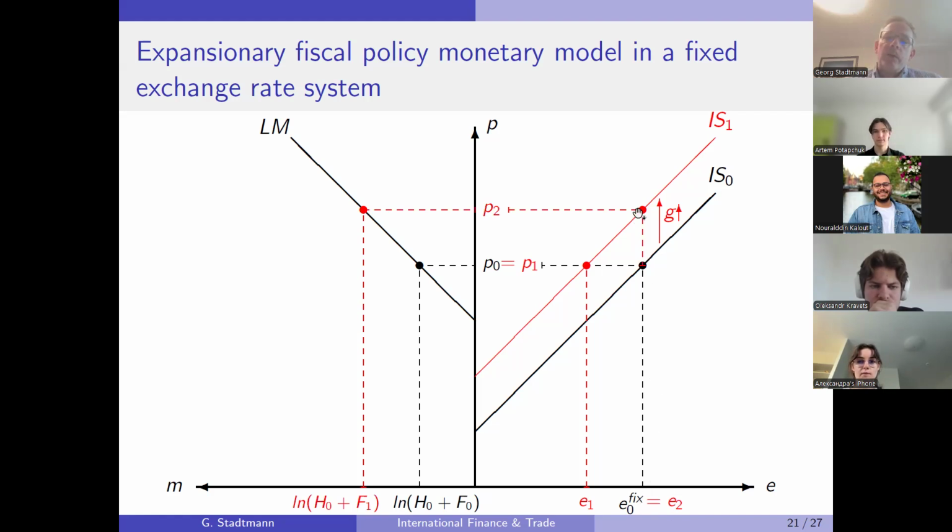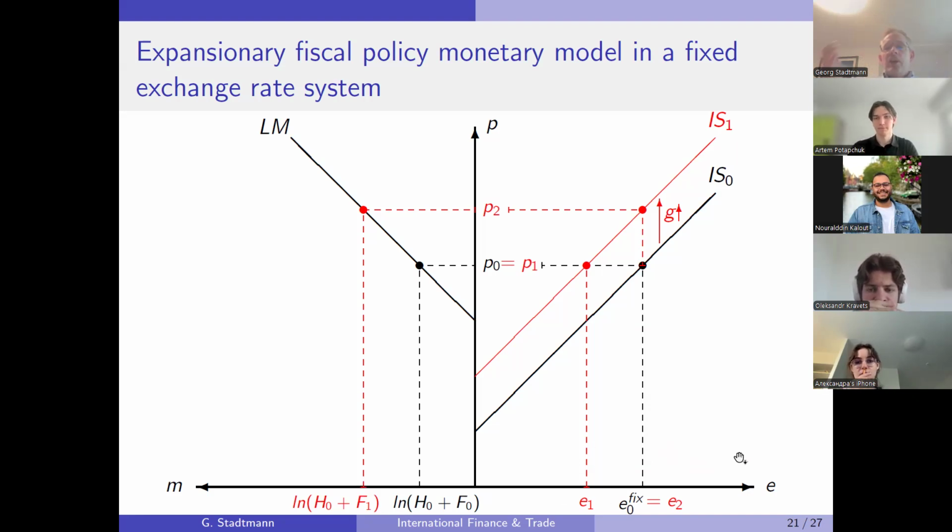What about the goods prices? The goods prices would increase now. And then the central bank has to intervene by printing domestic money and buying foreign currency, so that the reserve component, the foreign component of money supply, increases. So money supply increases here.